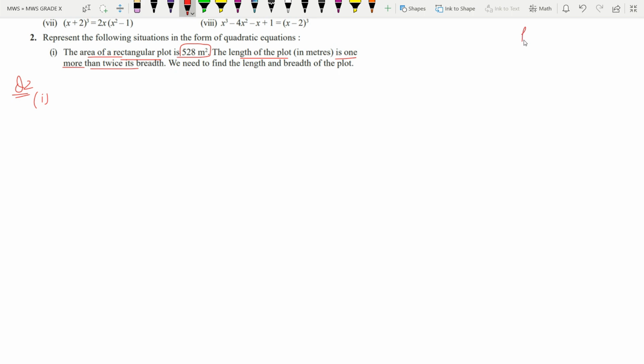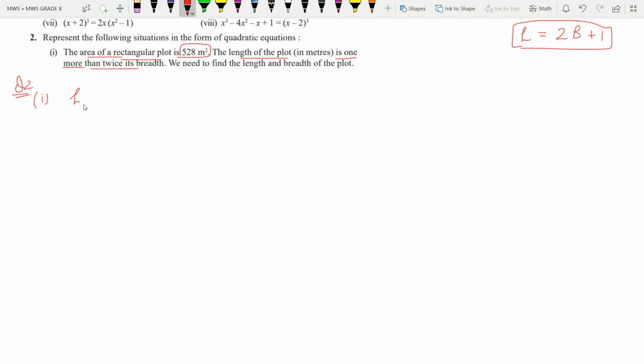Length is 1 more than twice its breadth, so the perfect way to write this is, first write twice its breadth, then write plus 1. So this is given in the question, but we do not know breadth, we do not know length.